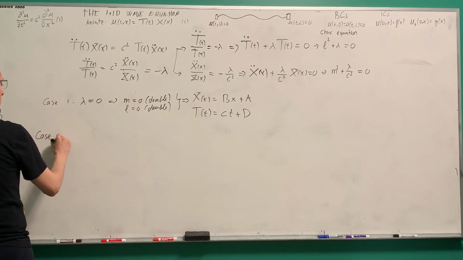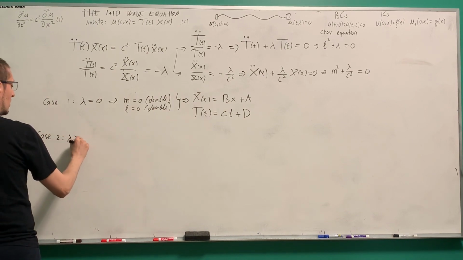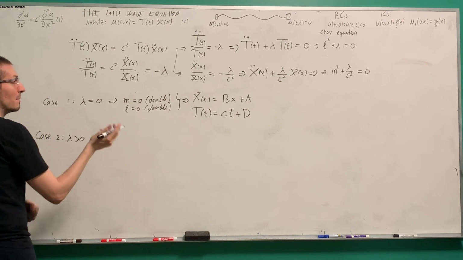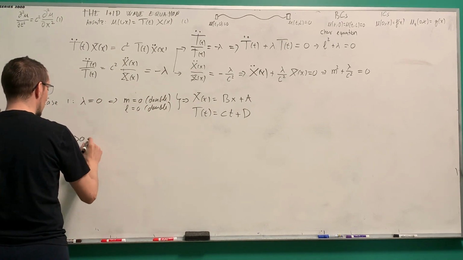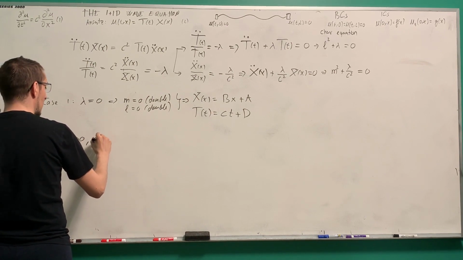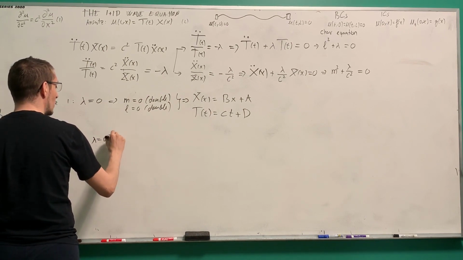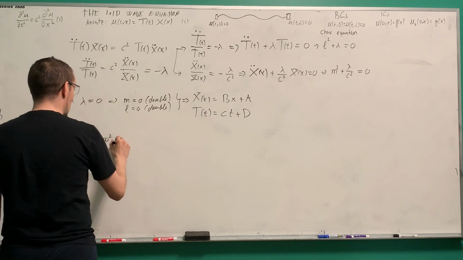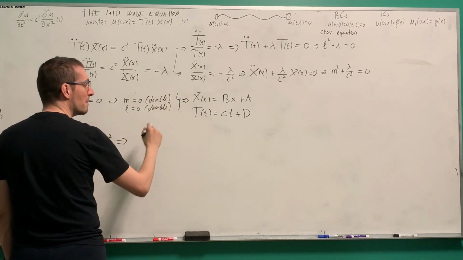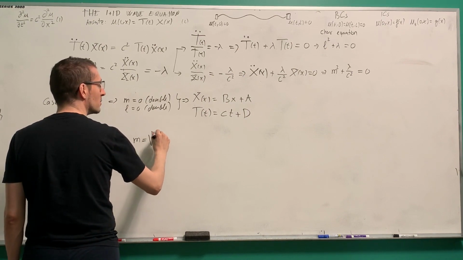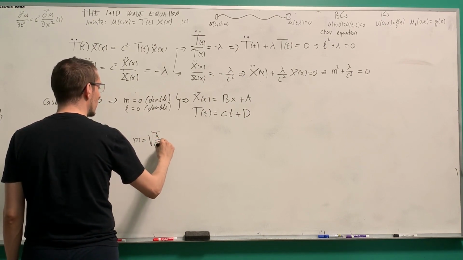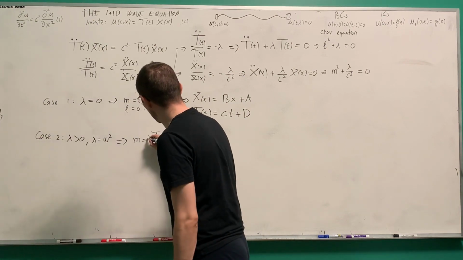All right, so let's check case 2. Case 2 is lambda larger than 0, and in this case, let's call lambda equal to omega squared. Then m, which is of course the square root of minus lambda over c squared, is equal to plus minus i omega over c.